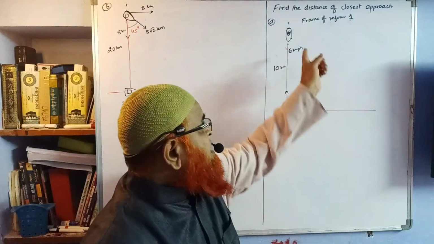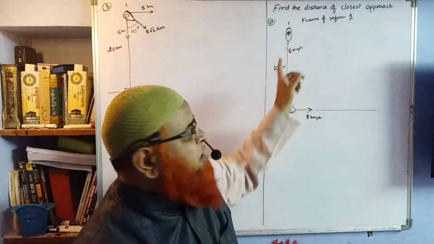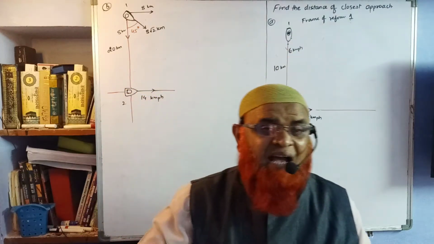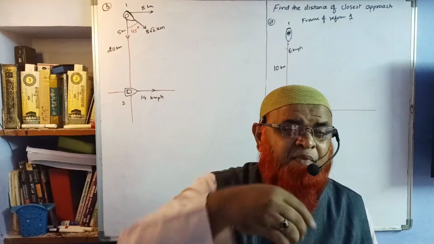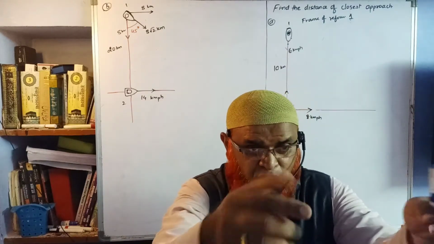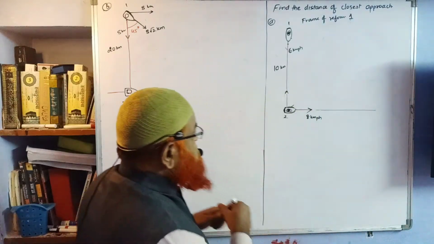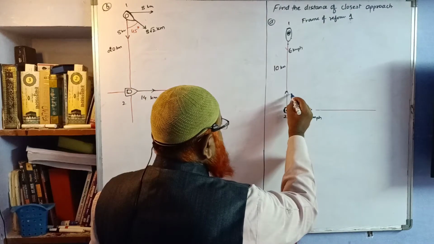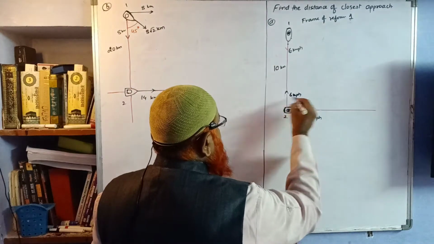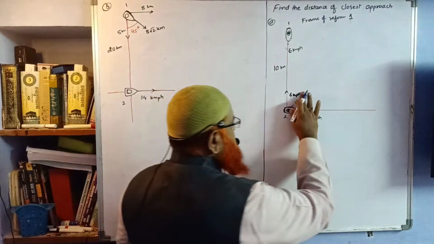How? The boat in which you are sitting is moving down with a speed of 6 kilometers per hour, but as you are sitting in boat 1, you feel that your boat is at rest and that boat is coming towards you with a speed of 6 kilometers per hour.